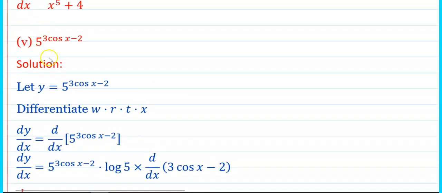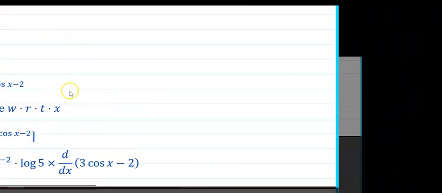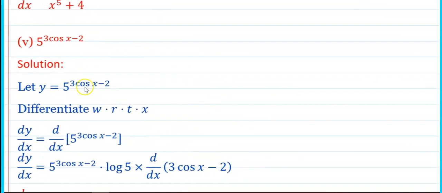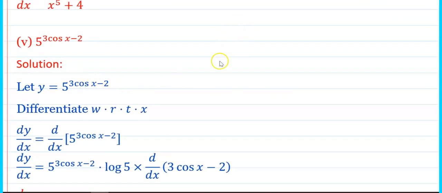Next is y is equal to 5 raised to 3 cos x minus 2. Again, I have the function. What type of function is this? y is equal to a raised to x. Then what about its derivative? dy by dx is equal to a raised to x into log of a.